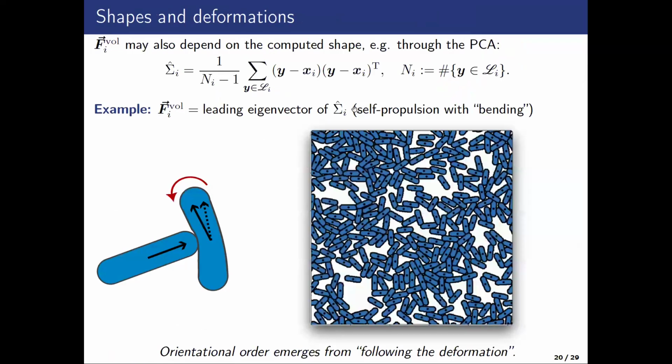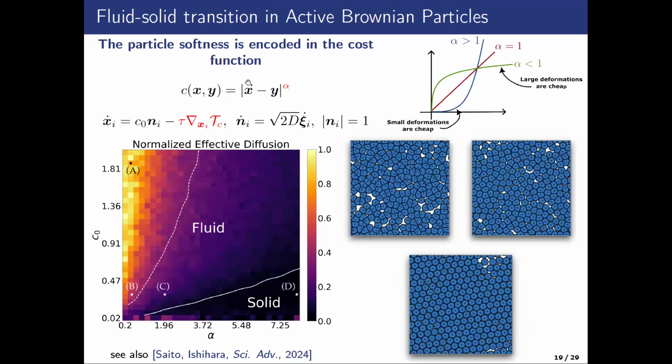Okay, and then I say that by tuning the cost, I can change the shape. So in that experiment, the cost imposed the shape, like the shape of an individual particle here would be just a disk.